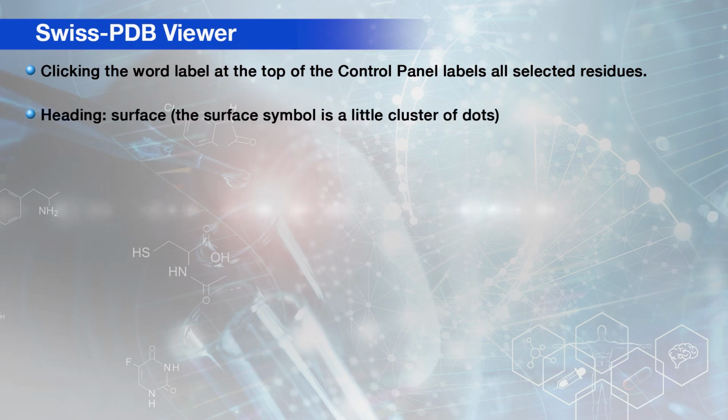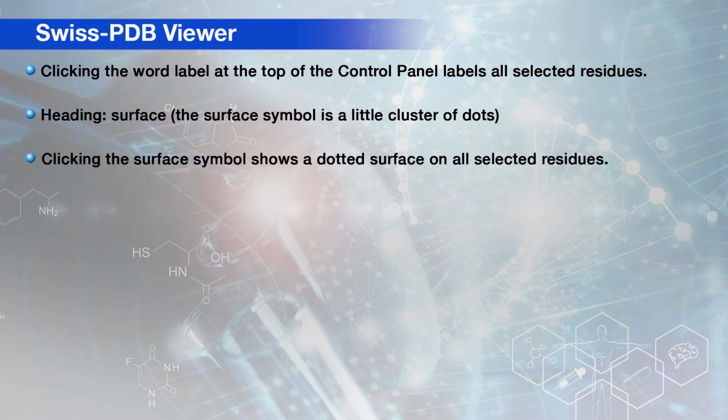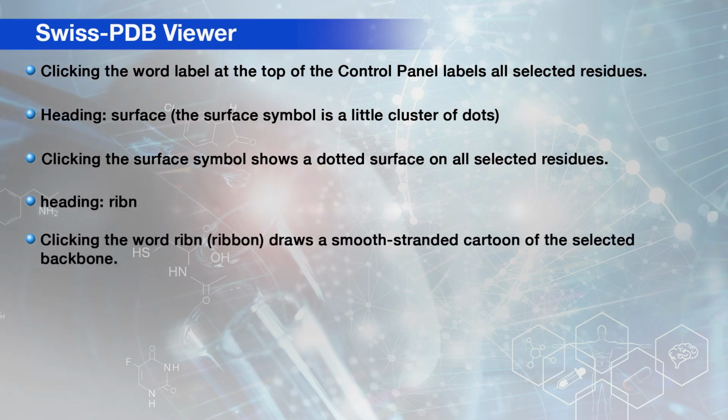Heading: Surface. The surface symbol is a little cluster of dots. Clicking the surface symbol shows a dotted surface on all selected residues. Heading: Ribbon. Clicking the word ribbon draws a smooth standard cartoon of the selected backbone.